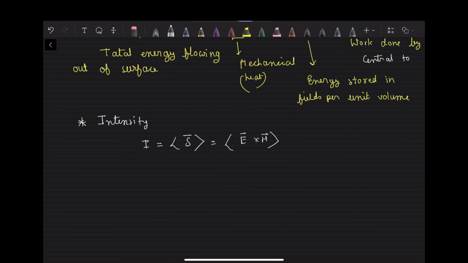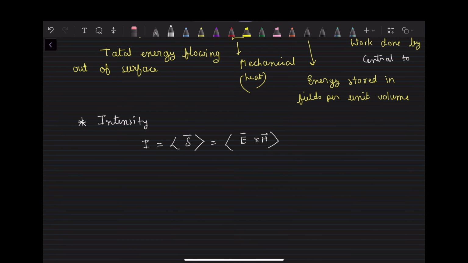You might have already seen those expressions, but we are trying to get there using the average of the Poynting vector. Okay, and let's take the easiest option. Let's take the easiest wave that we know, that is the plane wave.